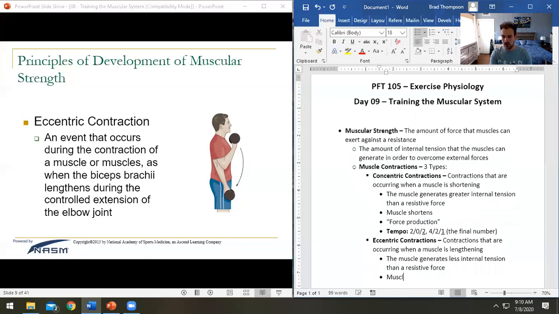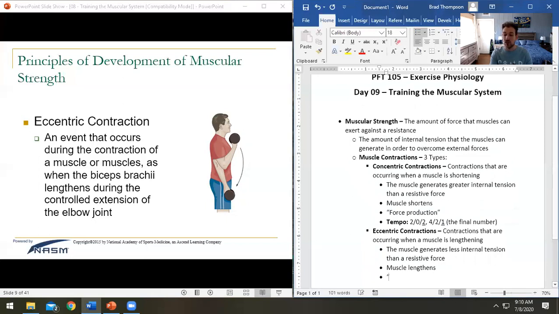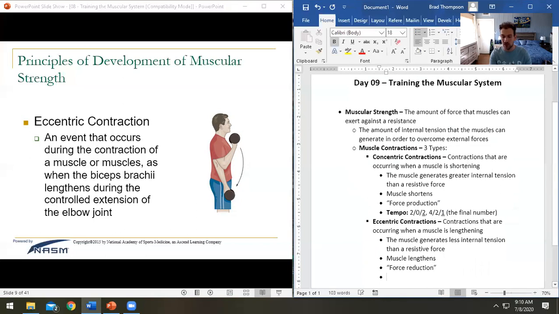The muscle lengthens. We can think of this as force reduction, right? You're reducing force. And if we're looking at tempo, as we label it, it would be that first number. We always label it eccentric. Eccentric is always the first number in a tempo lift.